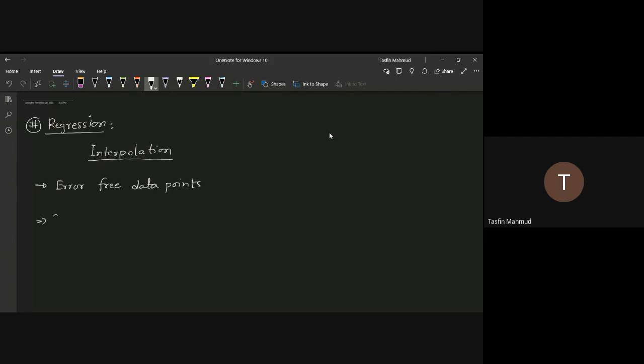So we considered a curve that passes through those exact data points.